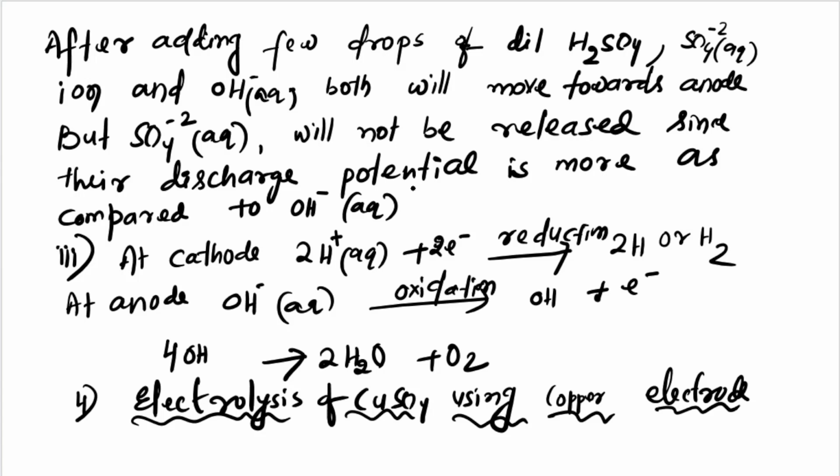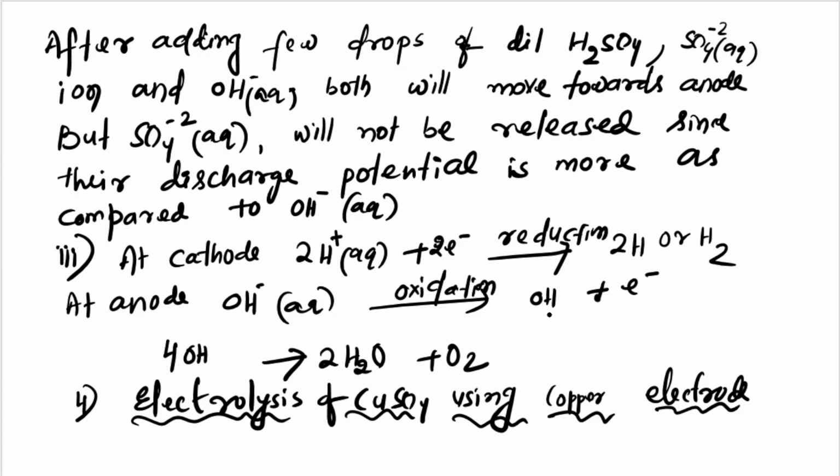Why? The discharge potential is more as compared to OH minus. So the discharge potential is high, so it is not possible. Then at the cathode, H plus gains 2 electrons, that is reduction takes place, and it gives H2. Because it is gaining electrons, it is reduction. Similarly, at the anode, OH minus aqueous is oxidized because it loses an electron.